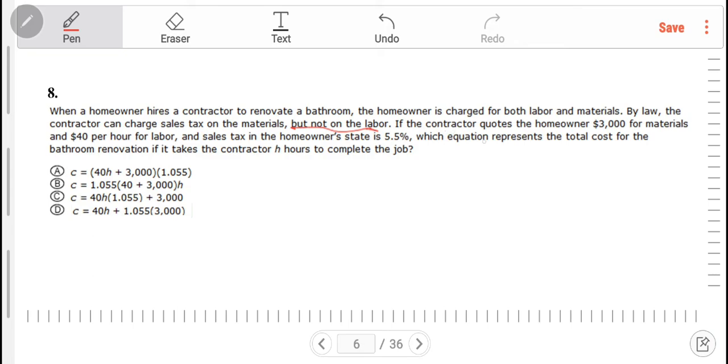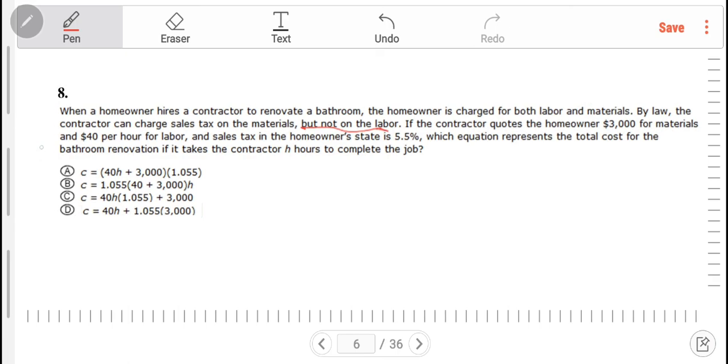If the contractor quotes the homeowner $3,000 for materials and $40 per hour for labor, and sales tax is 5.5%, don't forget, but not for the labor, which equation represents this situation?